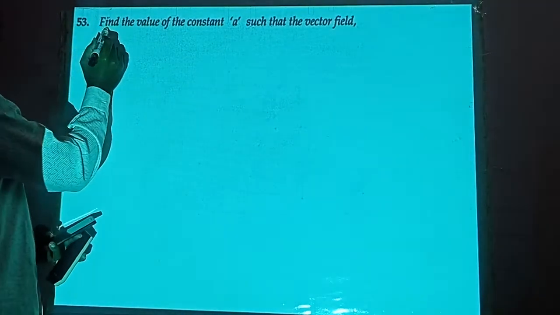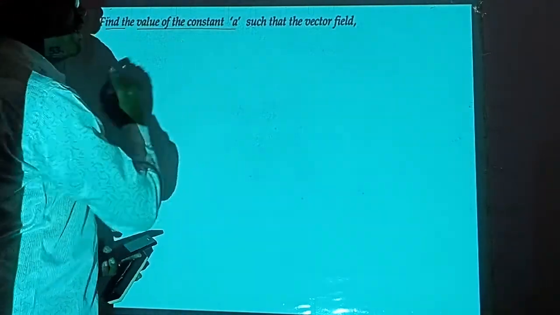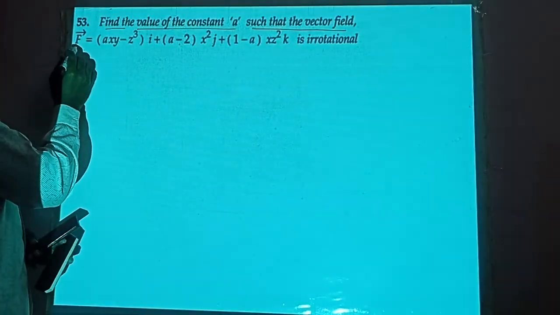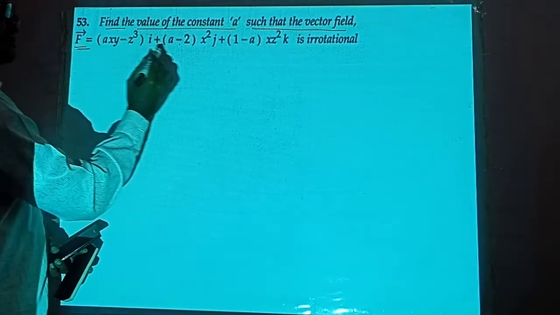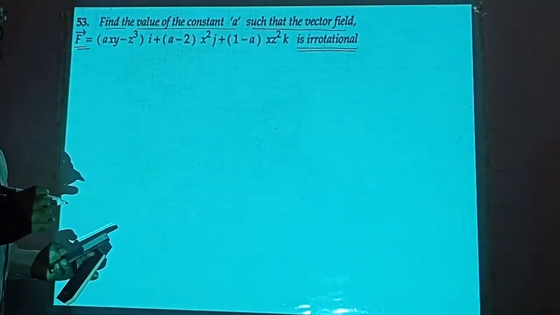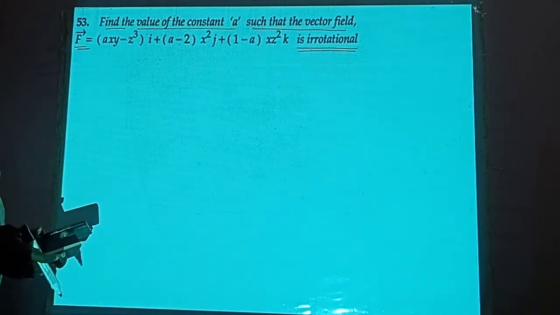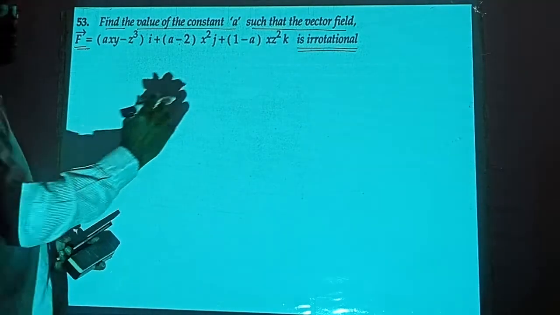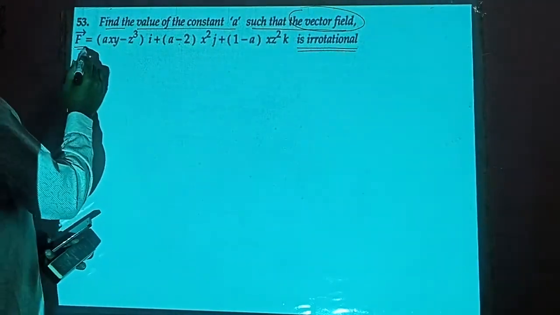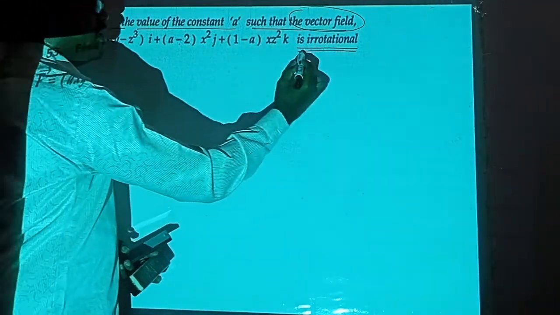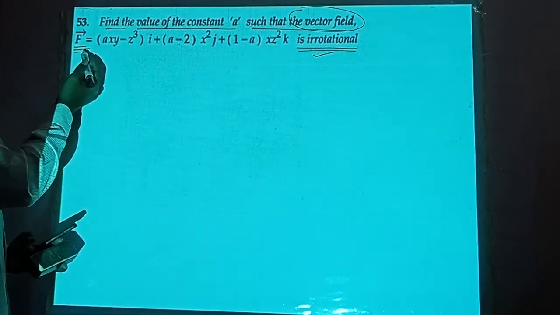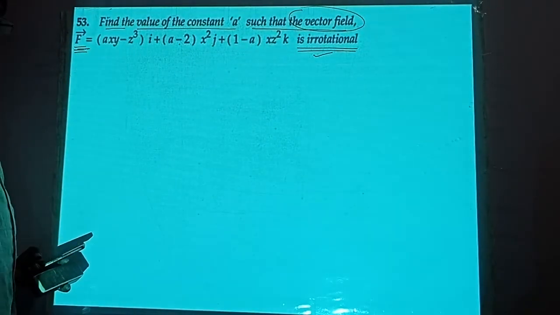What is the question? Find the value of the constant a such that the vector field is irrotational. So here we are not going to prove it is irrotational. It has been already given. They have already mentioned that the given vector field F is irrotational.